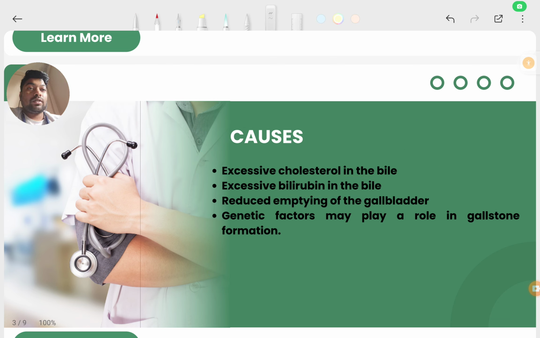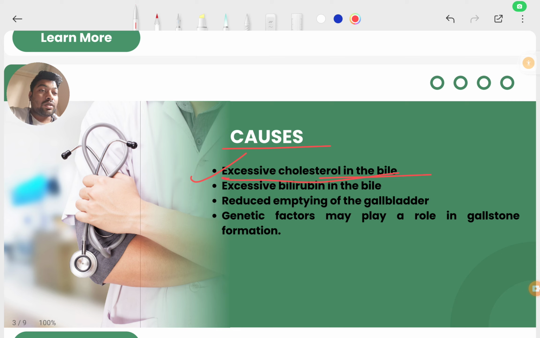So we have already discussed that bile consists of cholesterol. But if this cholesterol is excessive, the bile is converted into gallstones. Similarly, if bilirubin is in excess amount, and stays for a long period of time in the gallbladder and is not emptying, it can also be a cause for the formation of gallstones.